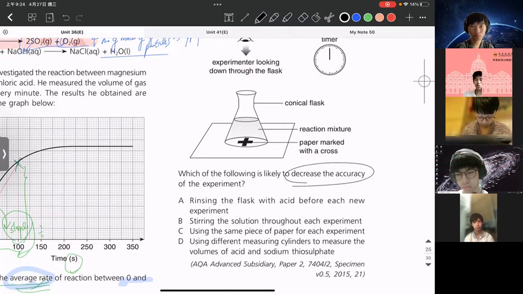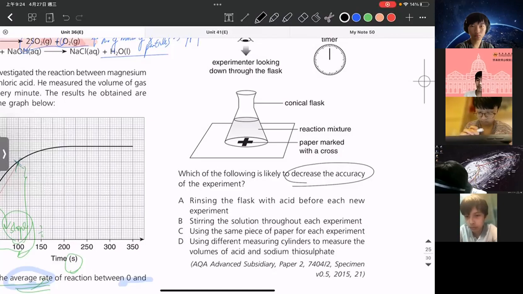Some places will be more cloudy, while some are not cloudy. Can you get my point? So you should stir the solution before you track the time, and at the same time you count the time. All those should be included, otherwise the color change is not uniform. B is needed.